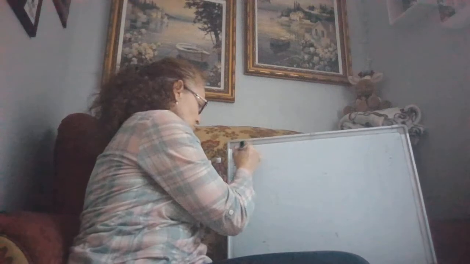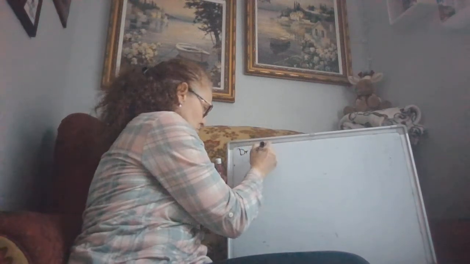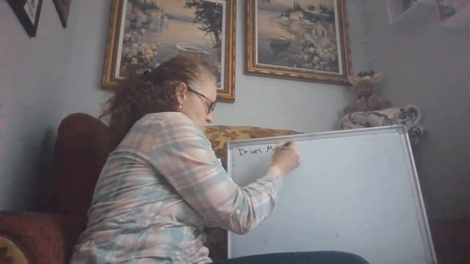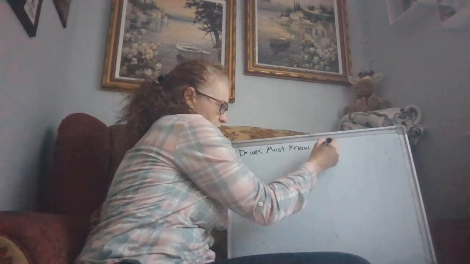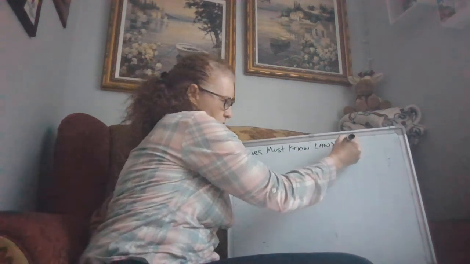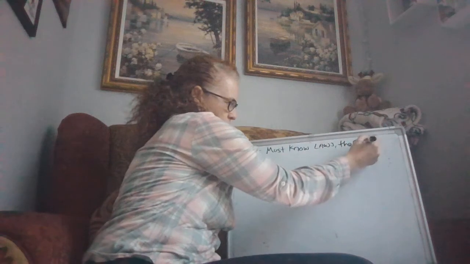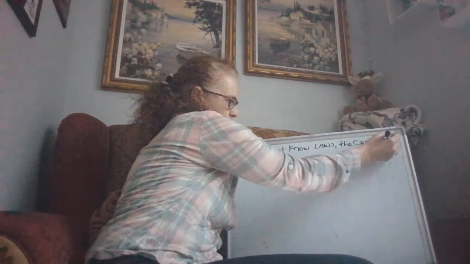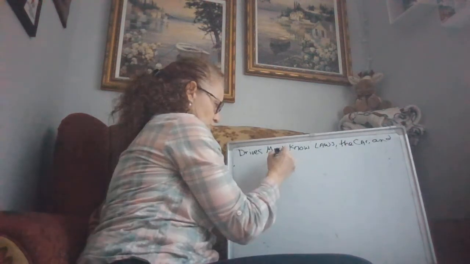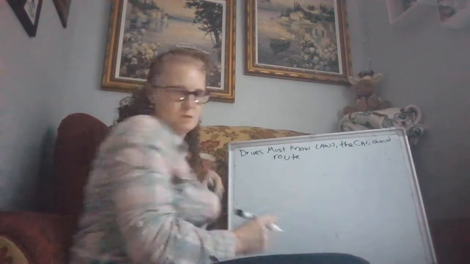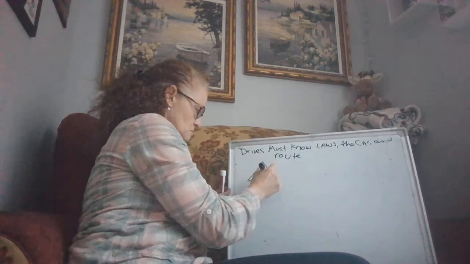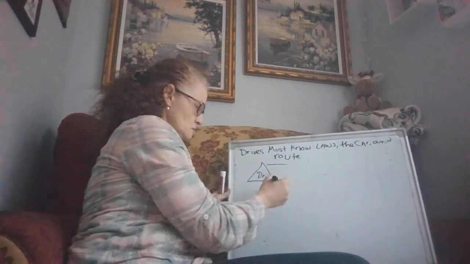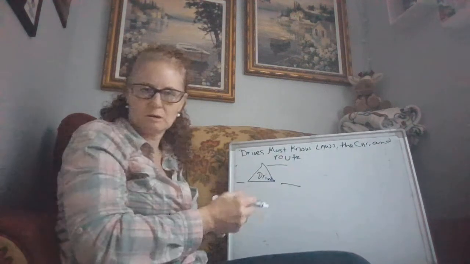So drivers must know the laws, the car, and the route. Sounds simple enough, right? There's my triangle. Drivers, the knowledge is the laws, the car, and the route. Are you all good with that?